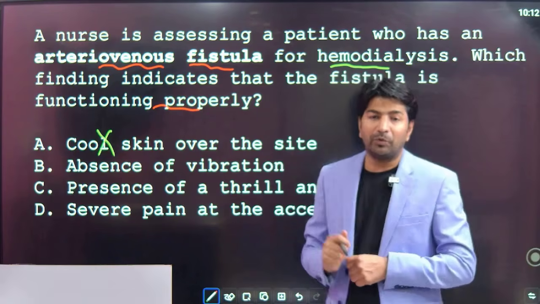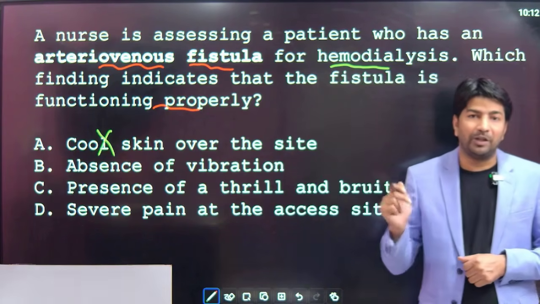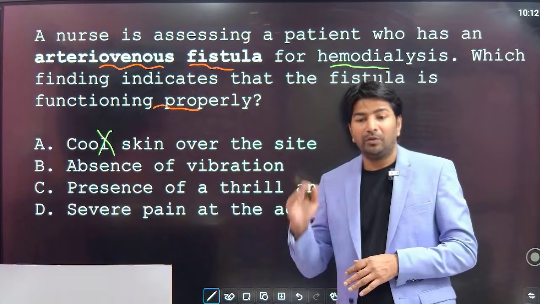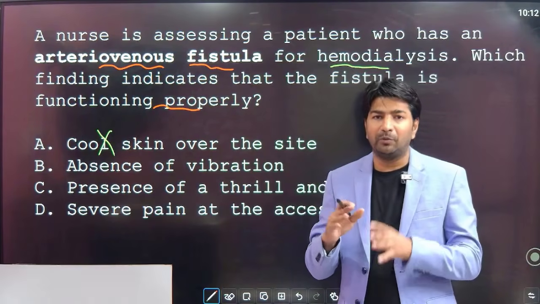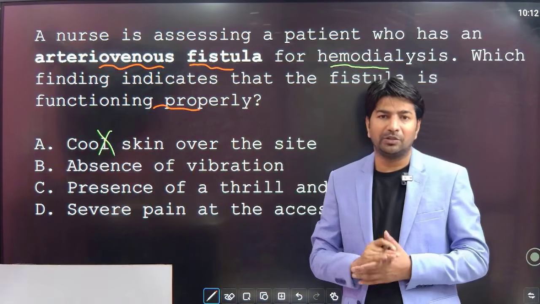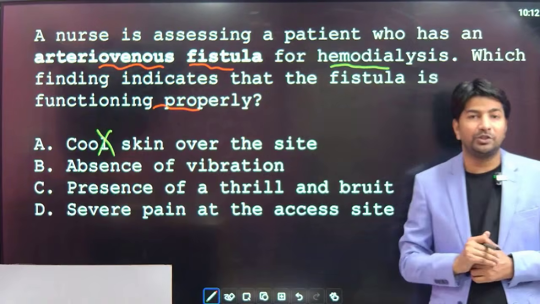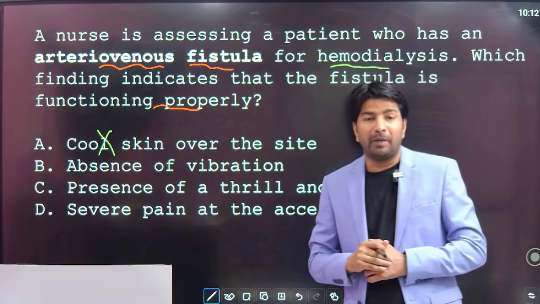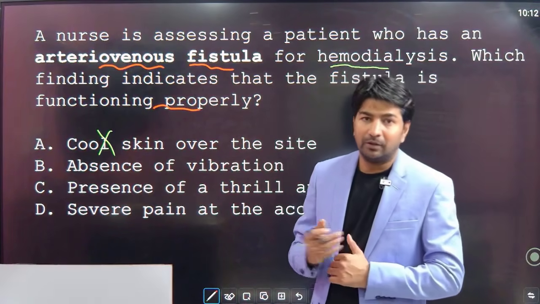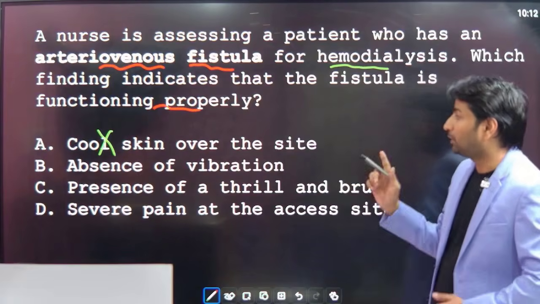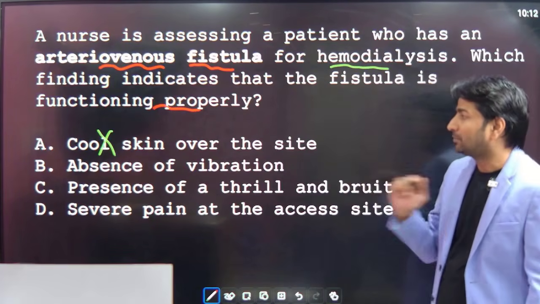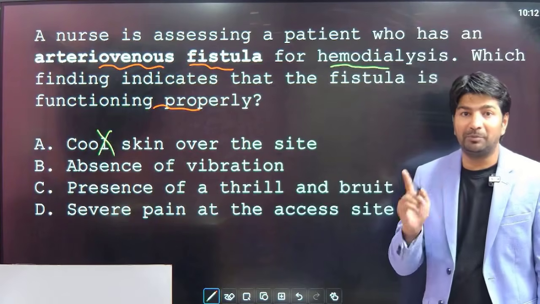If there's no thrill, it means there's no vibration, which means that the fistula we created is not allowing blood to flow properly. There might be an occlusion in the fistula, or there might be a clot. So if vibration is absent, the fistula isn't working properly.